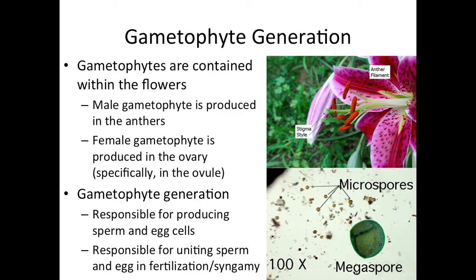All right, the male gametophyte generation is contained within the anther, within the flower. The female gametophyte generation is contained within the ovule, within the ovary, within the flower. So you can see that these bodies are actually contained within the sporophyte body. They are wrapped around by the tissues of the sporophyte, so they're being protected and they have nourishment from the sporophyte body.